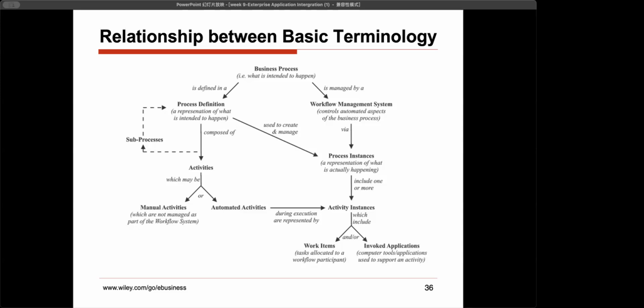And the second one is process instance. It also includes one or more activity instances, which are work items, tasks allocated to your workflow participant, but we don't need to do it today, okay? Invoke applications.